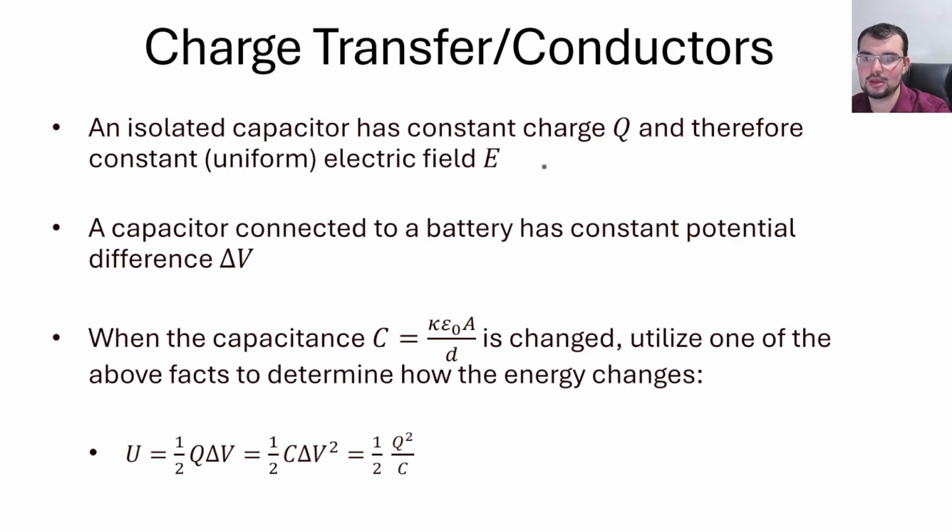But if you connect a capacitor to a battery, it has constant potential difference because batteries force potentials, so charges wouldn't be the same. And the E field is also uniform when the capacitor is isolated because we assume that the field is constant and is independent of charge. Now, if you do change the capacitance, that's going to change Q or delta V, depending on which one is constant, and that's going to affect the energy somehow.